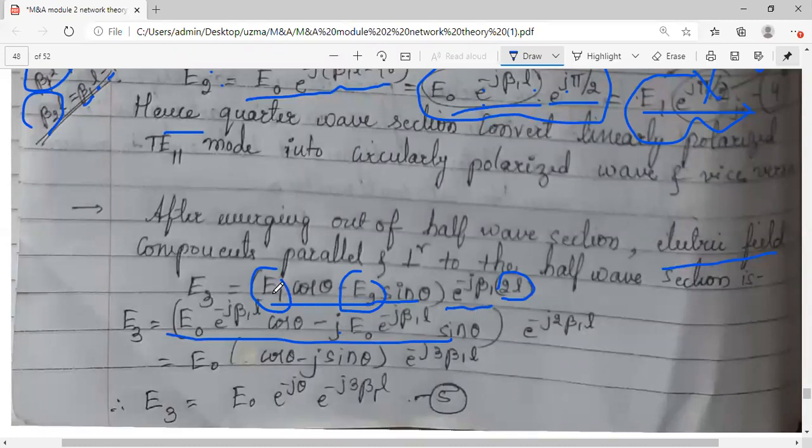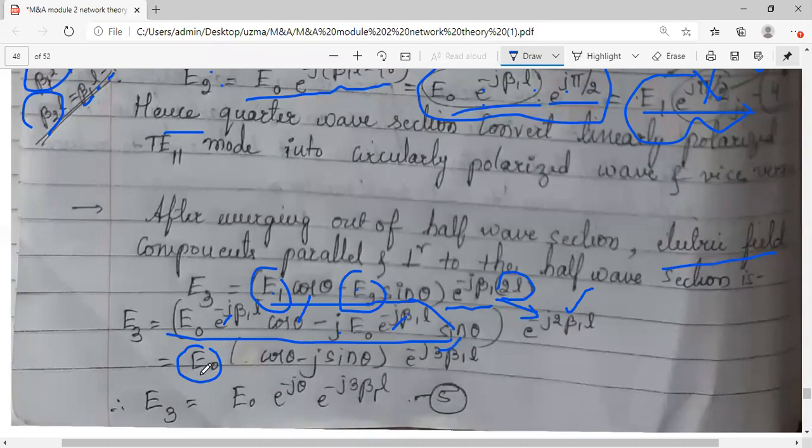So I have substituted for E1 and E2, the cos and sine terms as they are, and finally the outer value as it is. Then take E naught common. Take this e raised to j beta 1 l common. Here there is 2 beta 1 l, here there is 1 beta 1 l, 2 plus 1, so totally 3 beta 1 l.